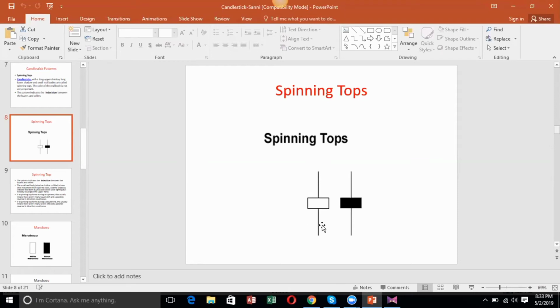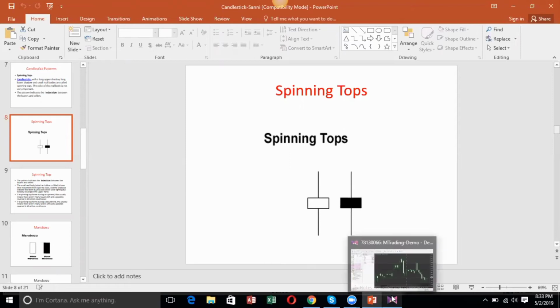And another thing we should notice is that the shadows seem to be twice the body. If you look at the height of this body with the shadows, this shadow seems to be twice this body. So I'm just saying the characteristics of a spinning top. Then remember, this spinning top can be a bullish or bearish candle.